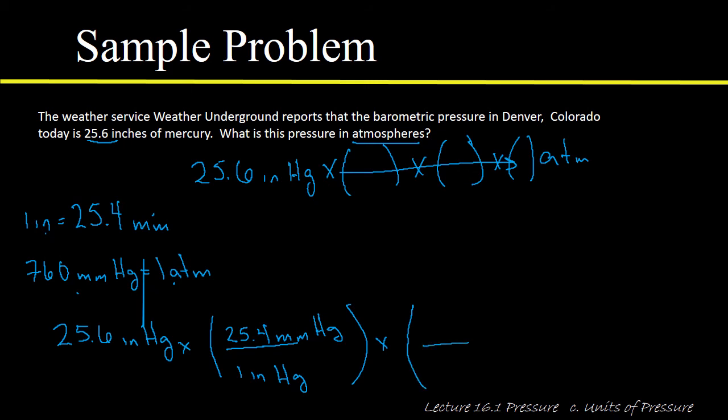We want millimeters of mercury to cancel out, so let's write 760 millimeters of mercury is equal to 1 atmosphere. All right. And when we do that, we can cancel.